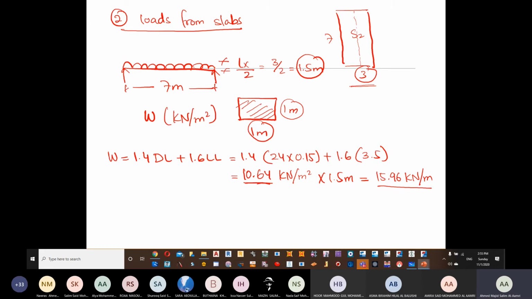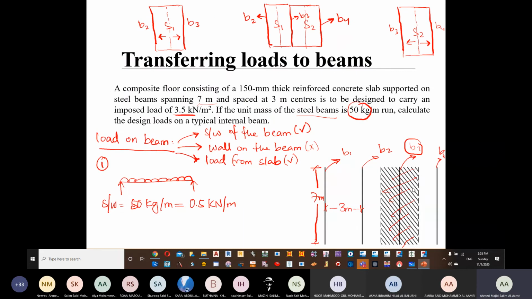Now the beam that we are taking into consideration is affected by how many slabs? By 2 slabs. So this is beam number 3. You can see it's affected by this slab and it's affected by the other slab.